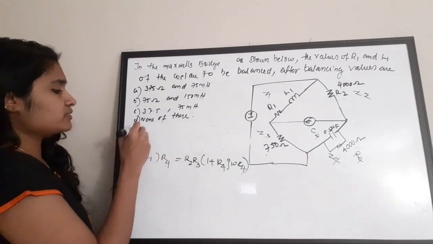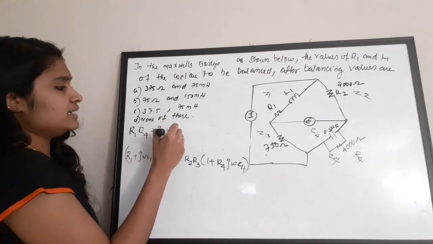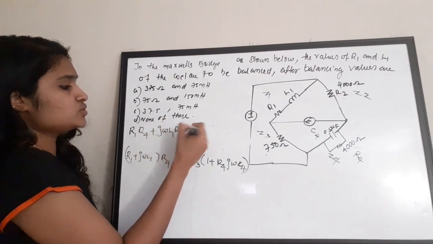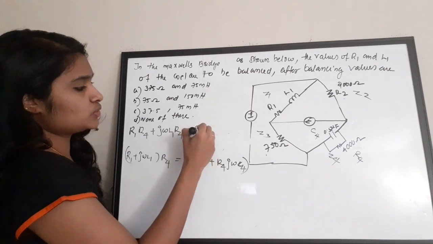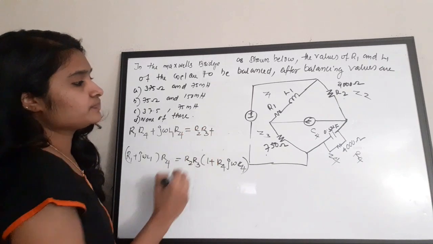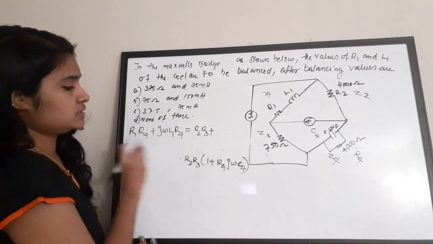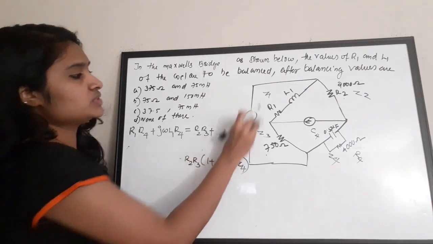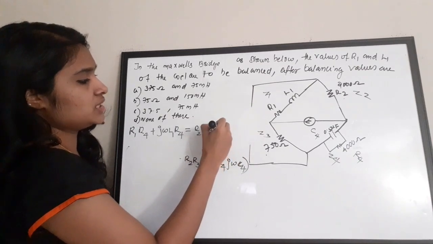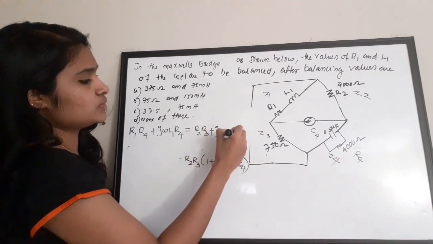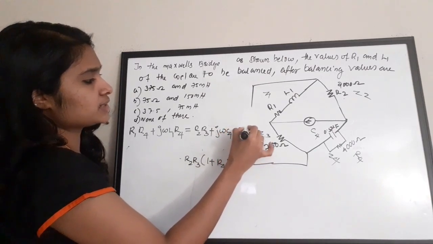So I get R1 R4 plus j omega L1 into R4 is equal to, on this side of the equation, R2 R3 plus j omega C4 into R4, R2, R3.